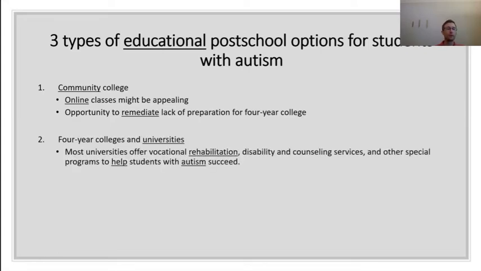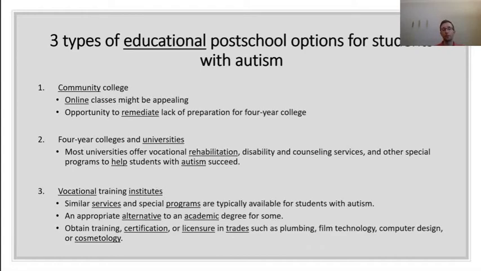So 4-year colleges and universities are another type of post-school educational option for students with autism. And most universities offer vocational rehabilitation, disability and counseling services, and other special programs to help students with autism succeed.